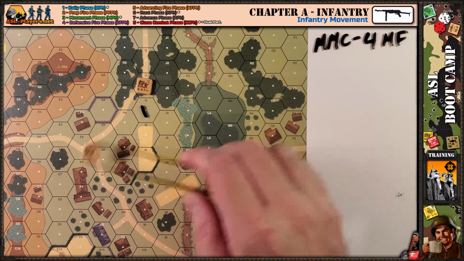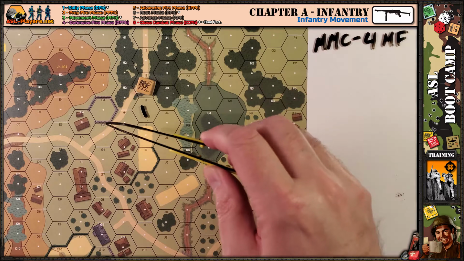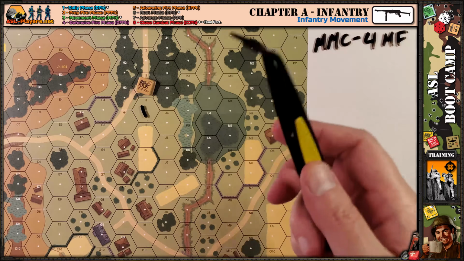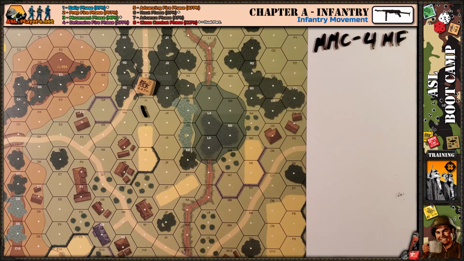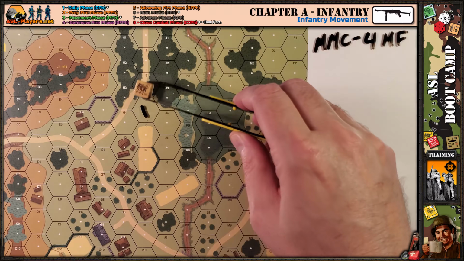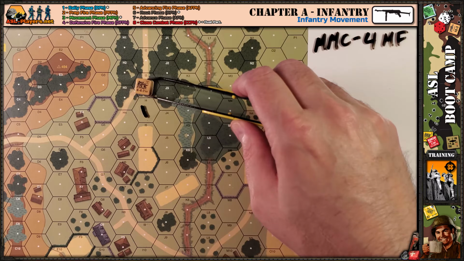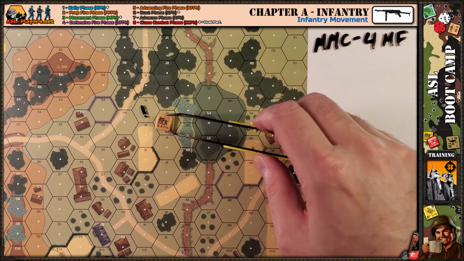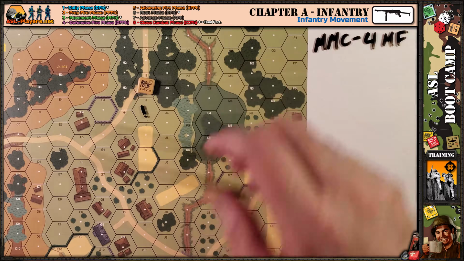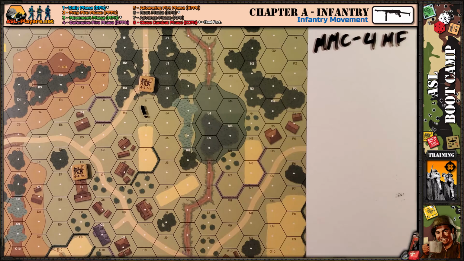Now, if they're stacked, you can move them as a stack, and there's various philosophies on why you do and don't do that. I have my own, which I'll go into probably in defensive fire principles and movement. But if they start as a stack, they can move as a stack. They can also move as a stack, and one can stop, and the other one can continue. You can do things like that, but you can't alternate between moving infantry units or any unit in the game.